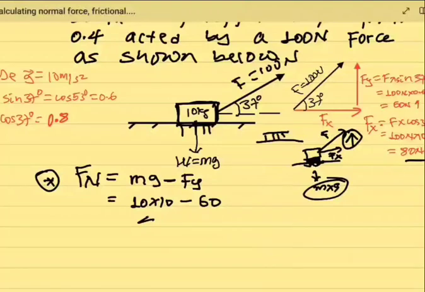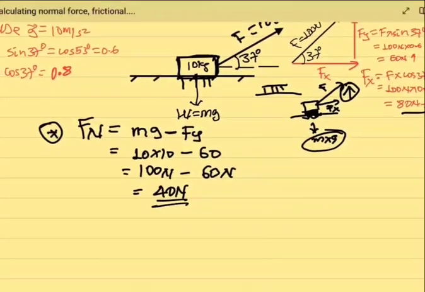So this gives you 100 Newton, the weight, minus the detaching force, 16 Newton, which is 84 Newton. The normal force that holds the surfaces together is 84 Newton.